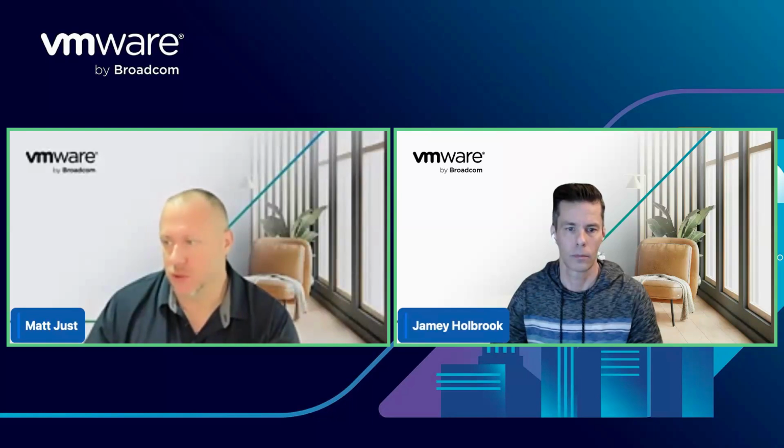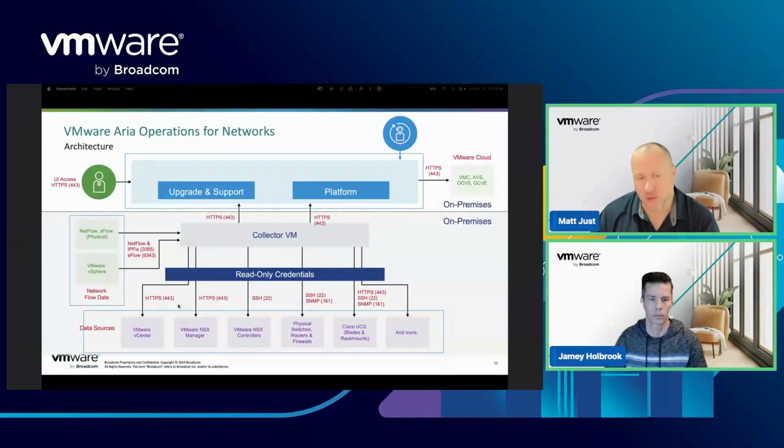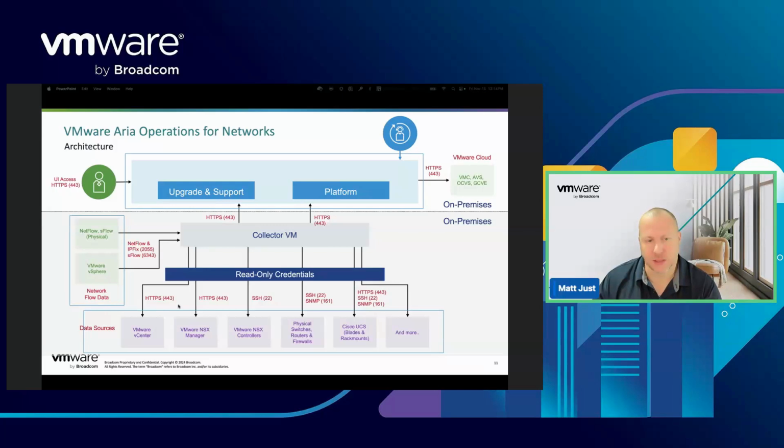Within the infrastructure, what we utilize from a collection standpoint, and the nice thing is we're totally agentless. So we don't need any type of agents or boxes deployed within an infrastructure to collect the data and do everything that we're going to look at today. We utilize virtual appliances, virtual machines, that allow us to collect data. Depending on what we're integrating with, we refer to them as data sources.